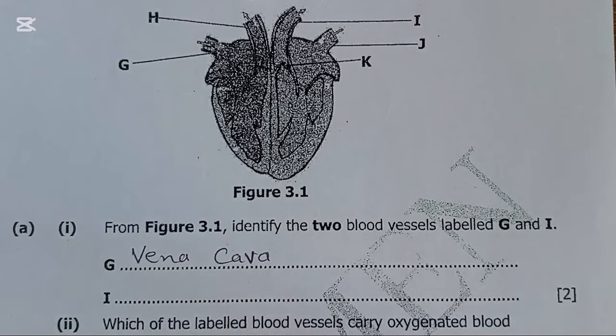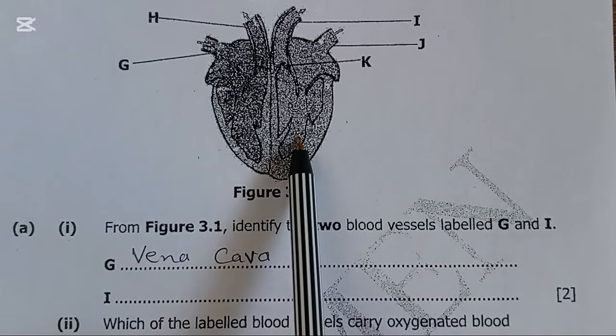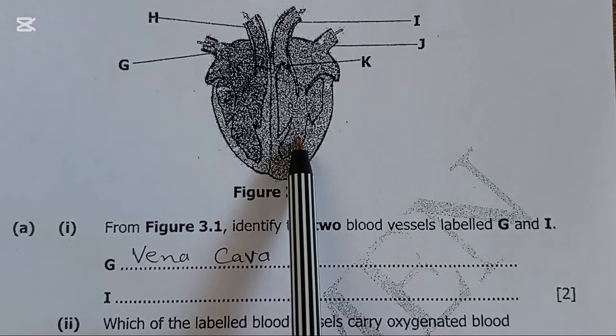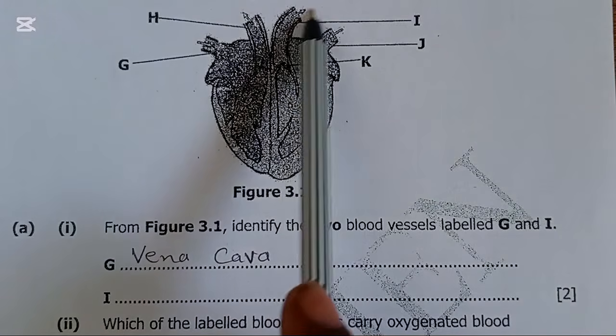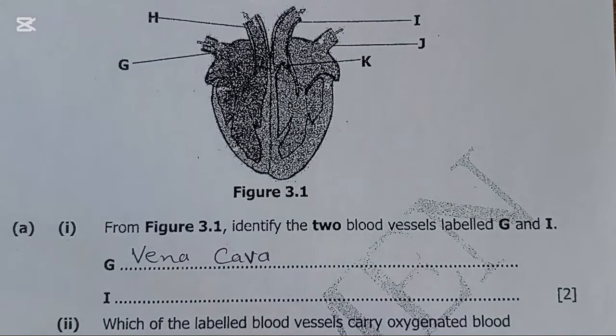And I is the blood vessel which is taking oxygenated blood away from the left part of the heart, the left ventricle, to all parts of the body. So I is the aorta.